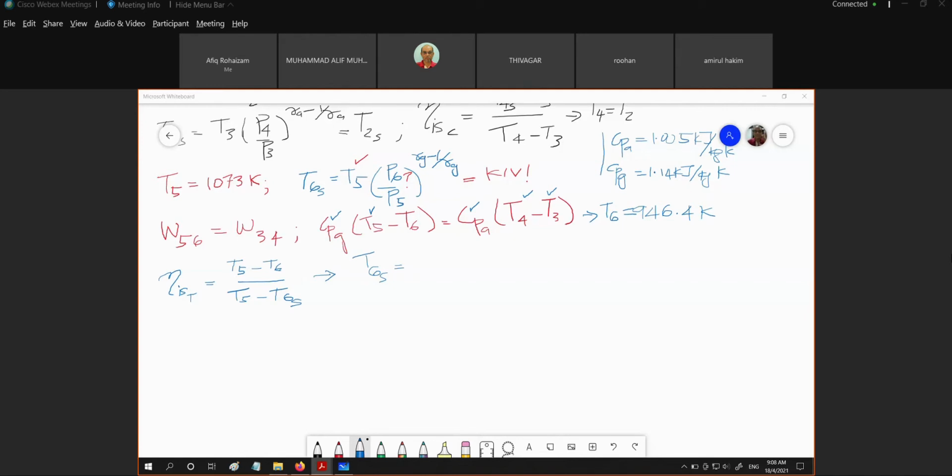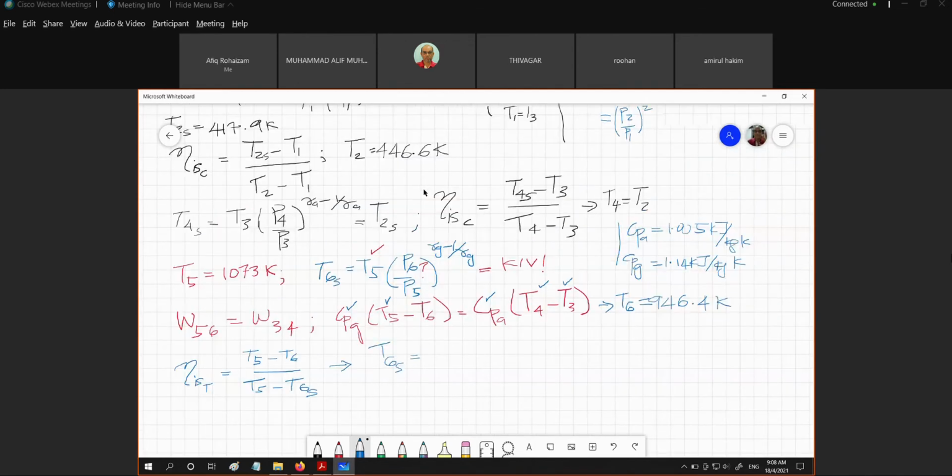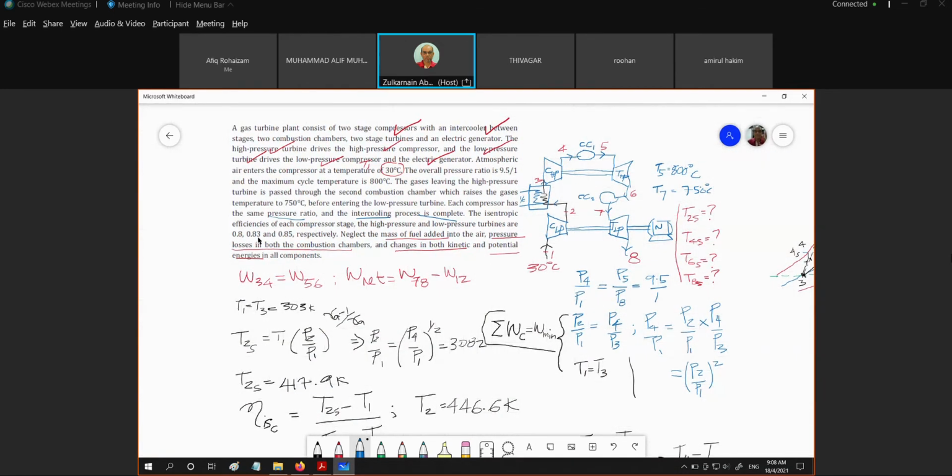We see the efficiency is 0.8. Isentropic efficiency, yeah, 0.83. The high pressure turbine is 0.83. The low pressure turbine is 0.85.